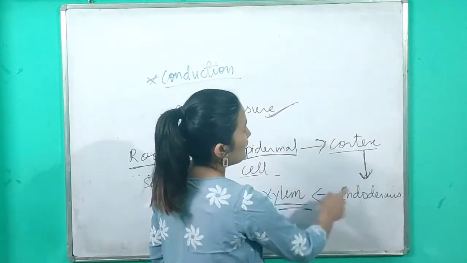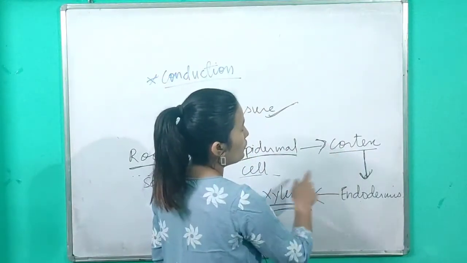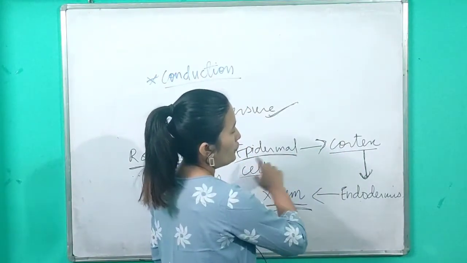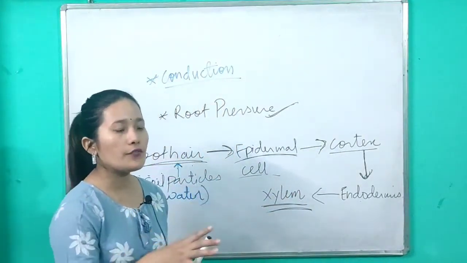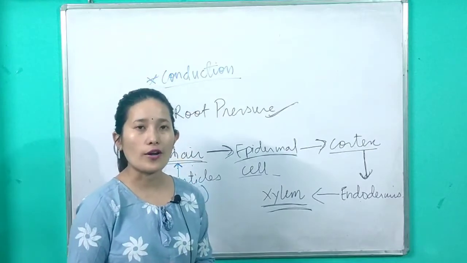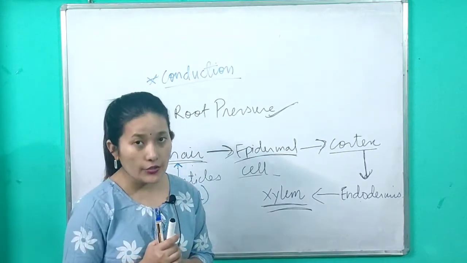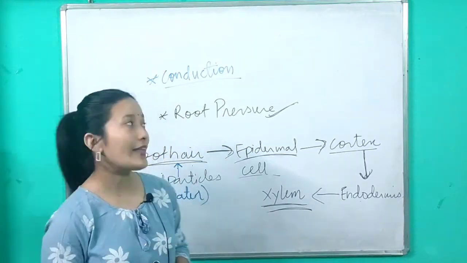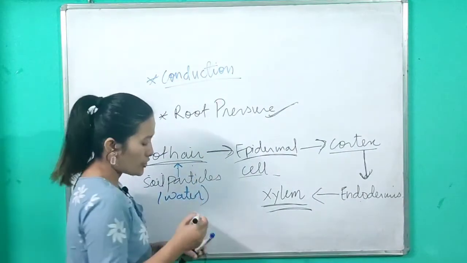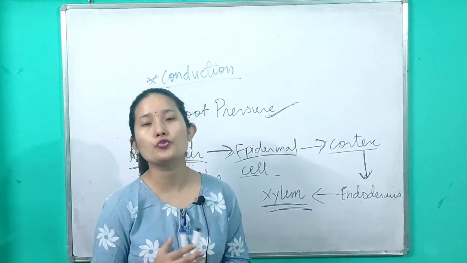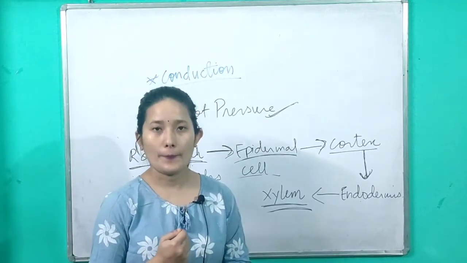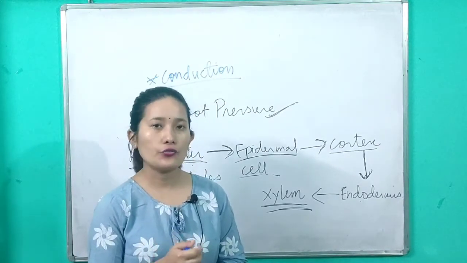So this continuous movement of water continues for a longer period of time. When there is a continuous outflux and influx of water, certain pressure is generated in the root region. Now that is what is referred to as root pressure, and this helps in conduction of the water from the root to the different parts of the plant. Okay, I hope this is clear.